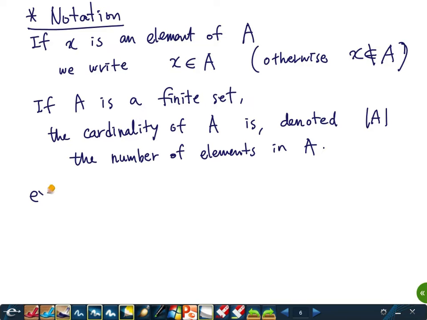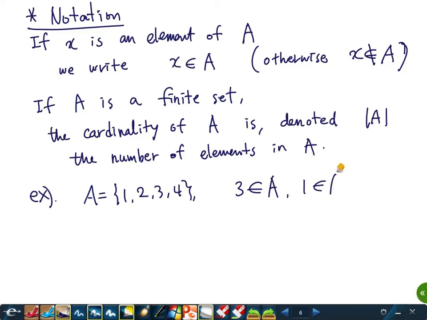So example, let's say A is this set, 1, 2, 3, 4. Then 3 is an element of A, 1 is an element of A, 5 is not an element of A. And what is the cardinality of A? There are 4 elements. This is going to be 4.